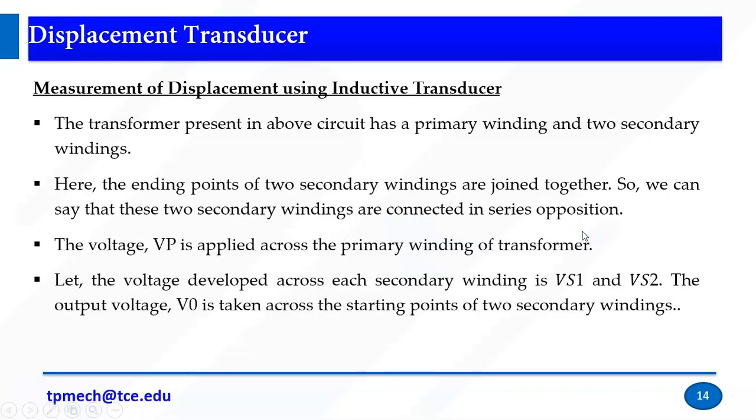The transformer in the above circuit has one primary winding and two secondary windings, and the ending points of the two secondary windings are joined together, so they are connected in series. The voltage VB is applied across the primary winding of the transformer. Let the voltage developed across each secondary winding be VS1 and VS2. The output voltage is taken across them.